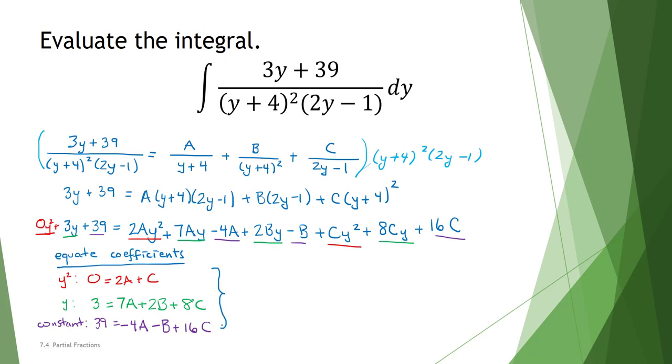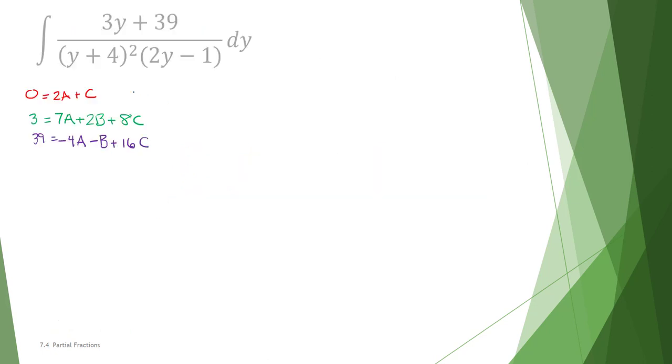We have three equations in three variables, so we are going to solve this system of linear equations. Here is our system of equations. I'm going to take the top equation and solve for C in terms of A. So C equals -2A. Then I'm going to substitute -2A in for C in each of these equations.